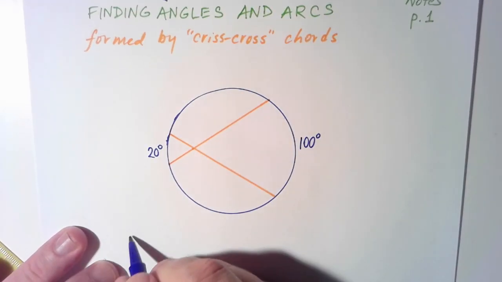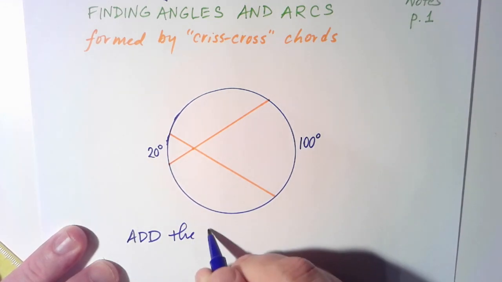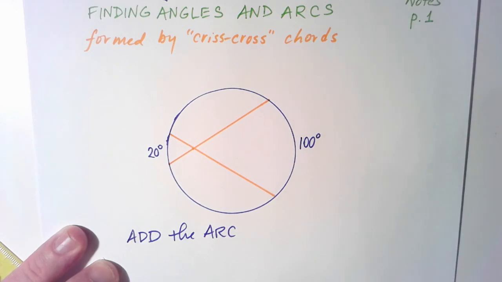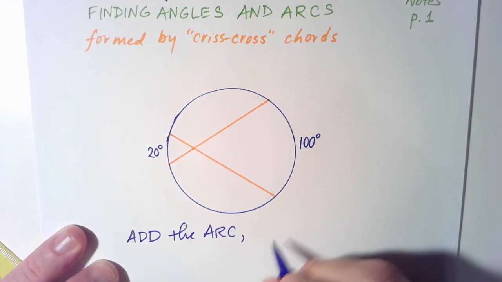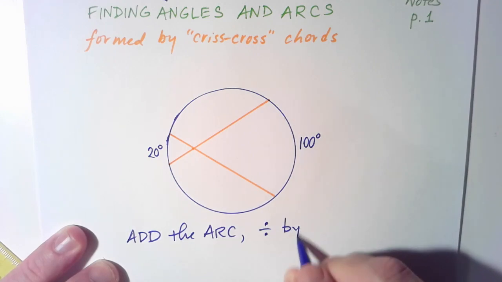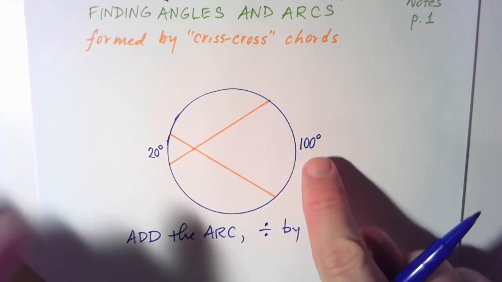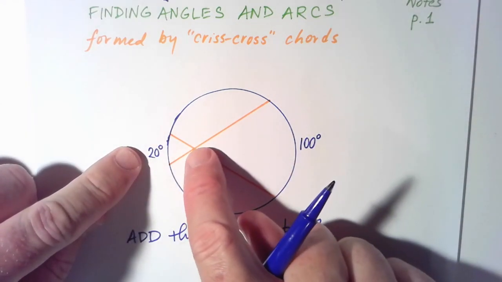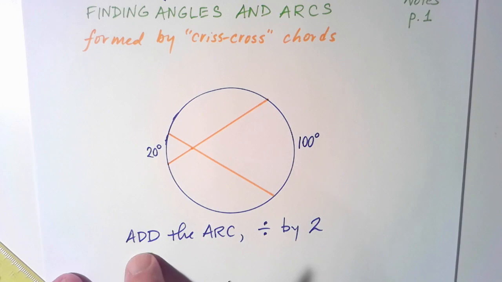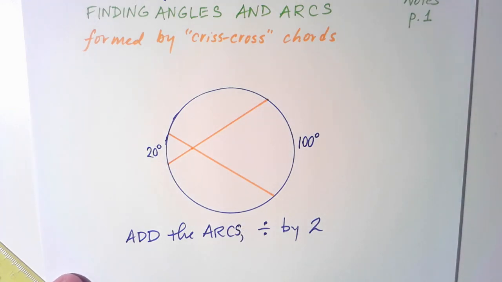Add the arcs, divide by 2. So as we do these problems and we see that we have 2 arcs and we've got an angle on the inside, we're going to add the arcs and divide by 2.